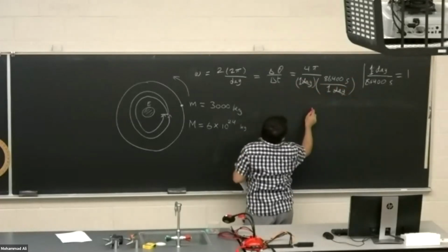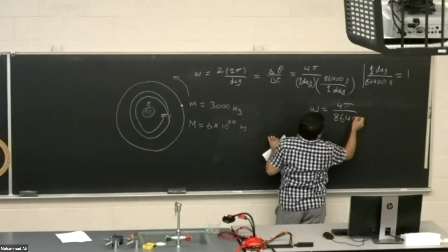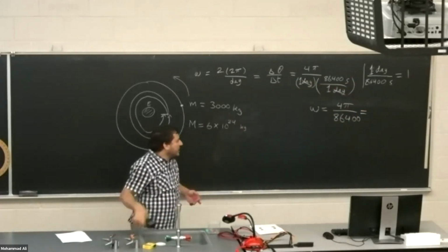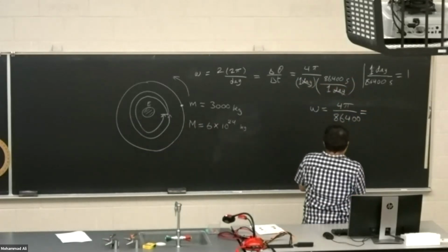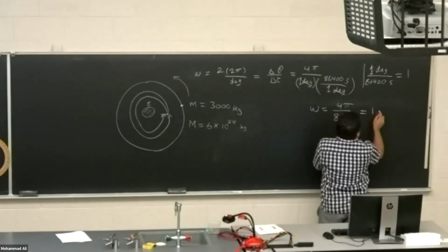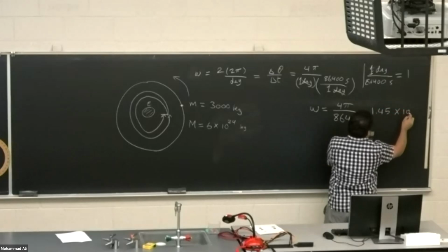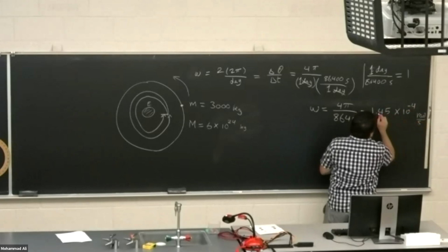So omega will be 4 pi over 86,400. We can keep it like this, but if we need a number, it is 1.454 something multiplied by 10 to the minus 4 radian per second.